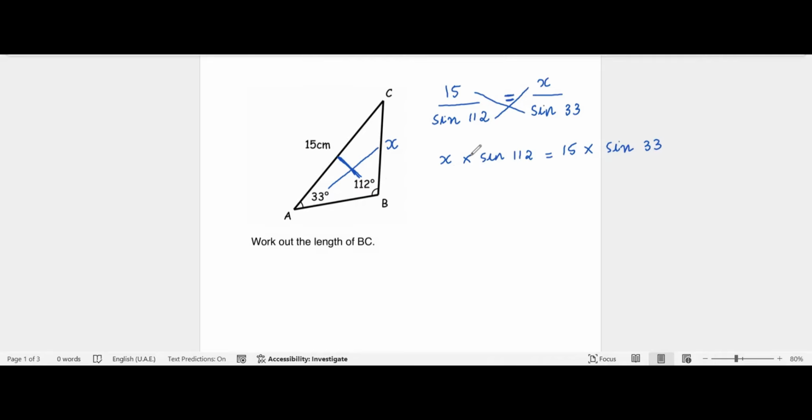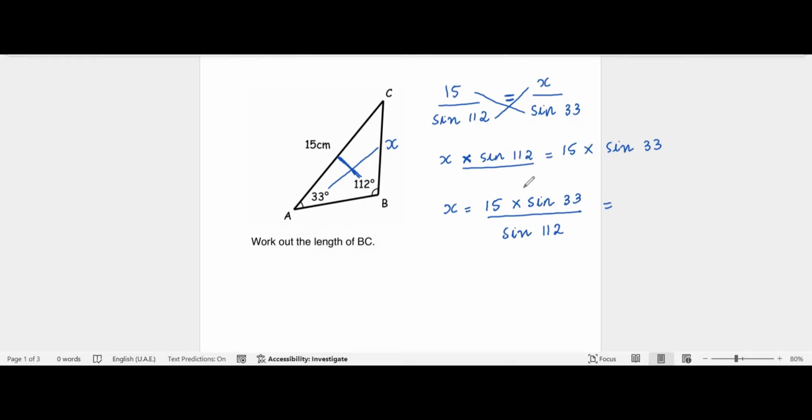So to find x, this multiplication by sine 112, we need to bring it to the right hand side. When multiplication changes the side, it becomes division. So here x is equal to 15 times sine 33 divided by sine 112.